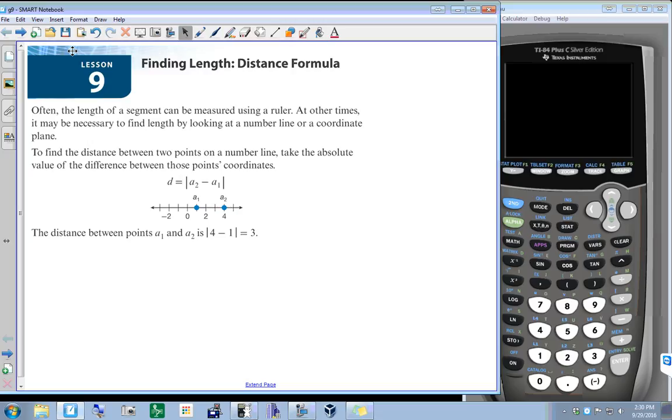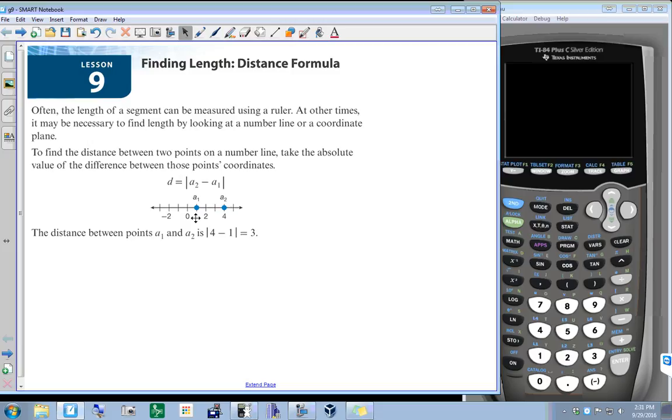So if I ask you, how far is it from here to here? Well, it'd have to be 3, because that's at 1 and that's at 4. So I could count. But what happens if I was looking at the 4 and I was going down to 1? I count backwards.